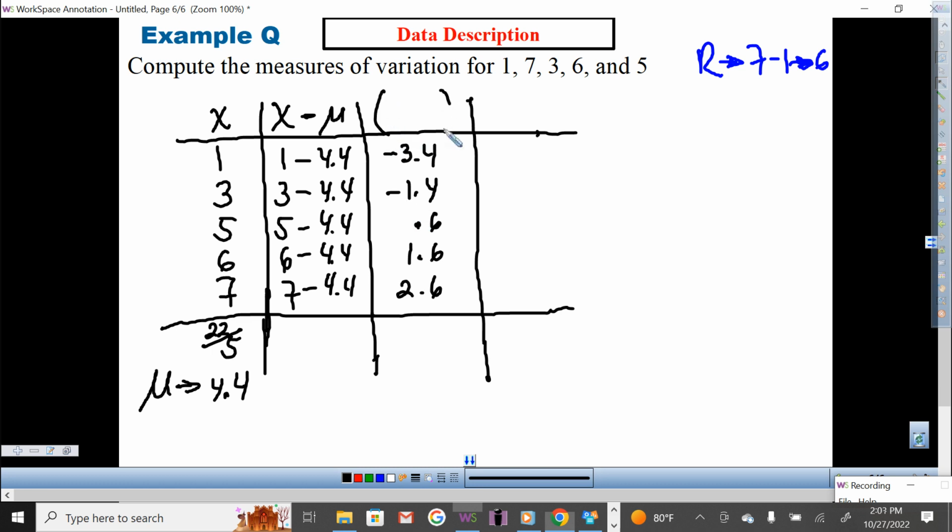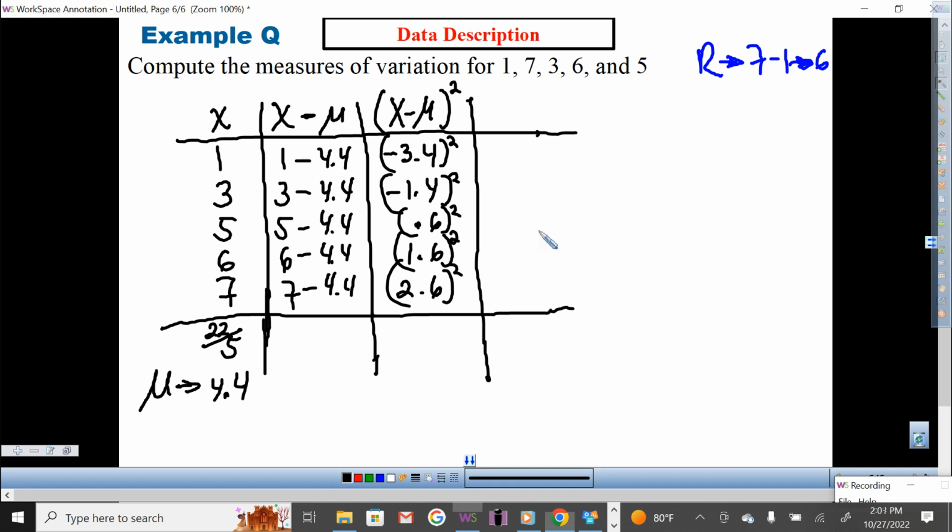I heard something squared. Yes, that is correct. What goes inside that something? Yeah, x minus mu. Write that in there, please. Now we're starting to put the pieces together, because that's building up to a formula that we need, okay? So, square this, square this, square this, square this, square that, okay?